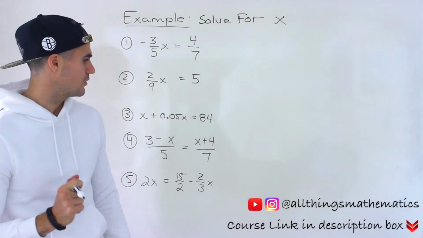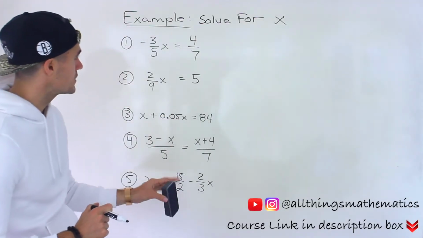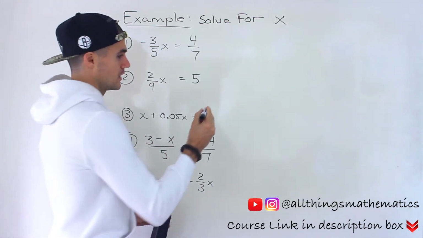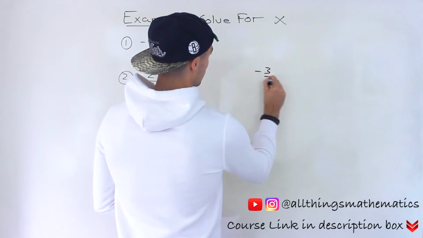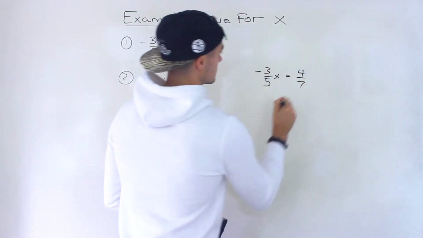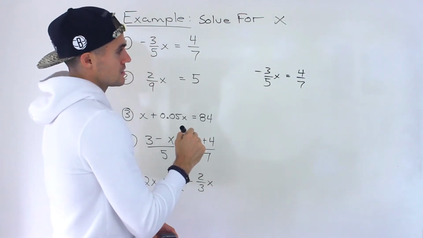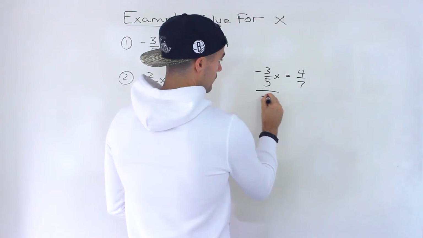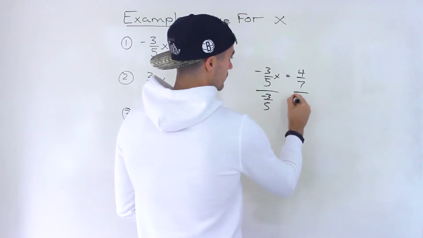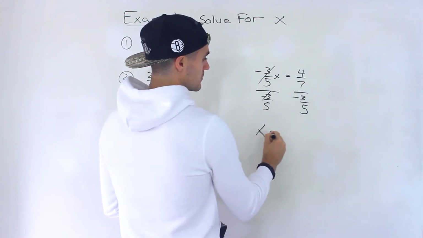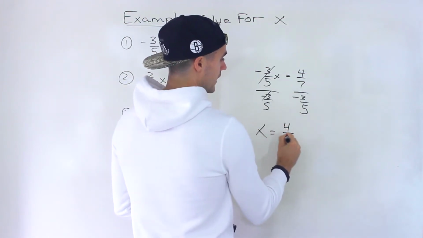In this next video, what we've got to do is take these equations here and solve for x. Starting with number 1, we've got negative 3 over 5x equals 4 over 7. Pretty simple here. You want to just divide both sides by negative 3 over 5 to get rid of this, and then the x would be by itself, so you'd have two fractions dividing by each other.